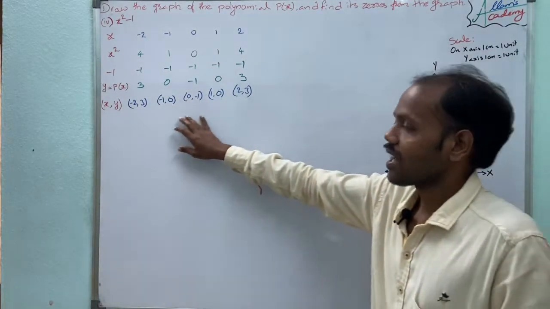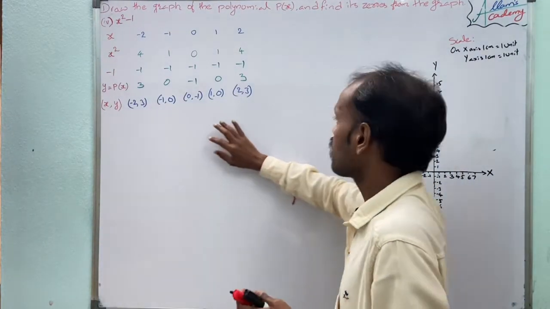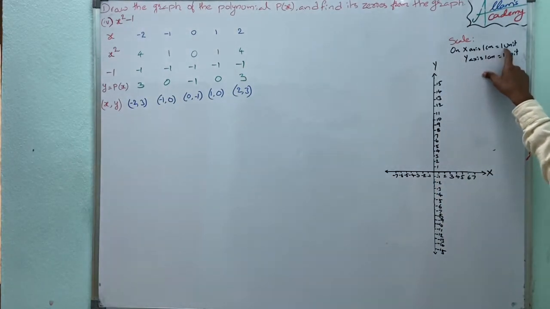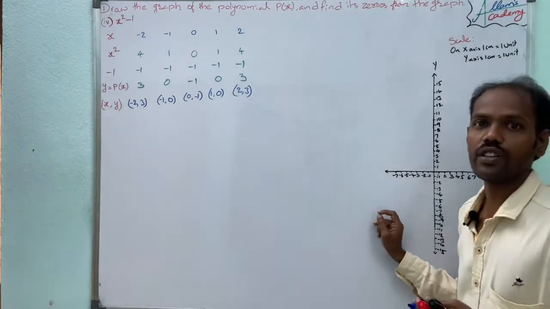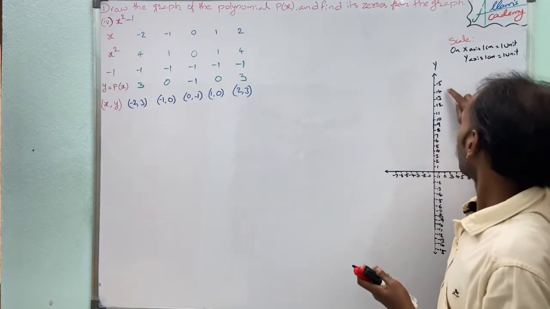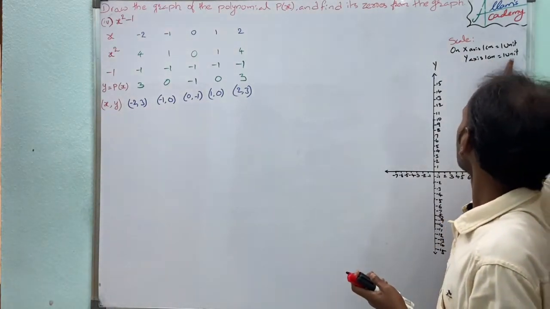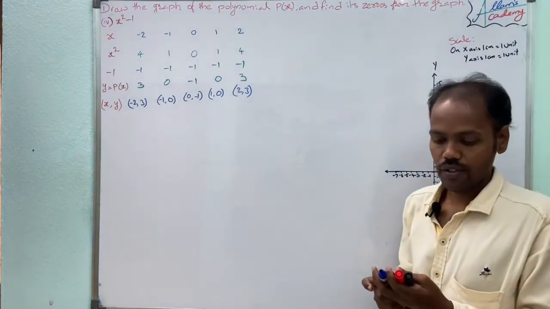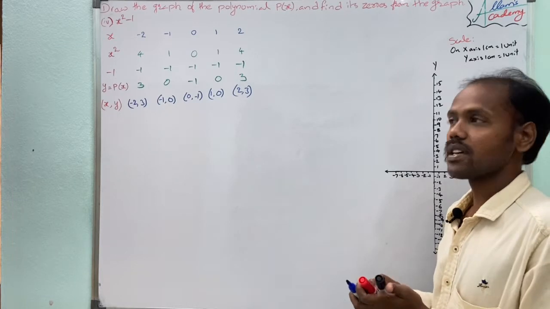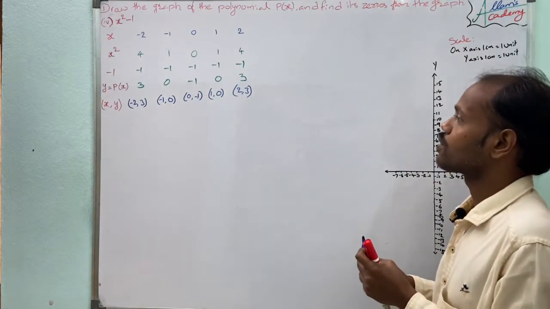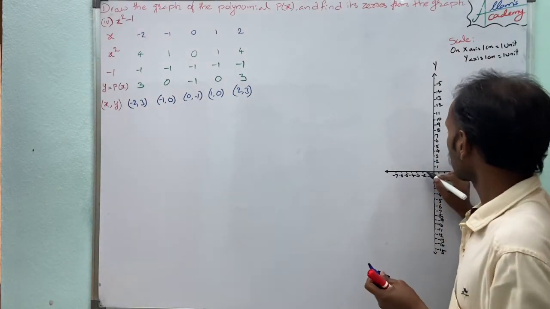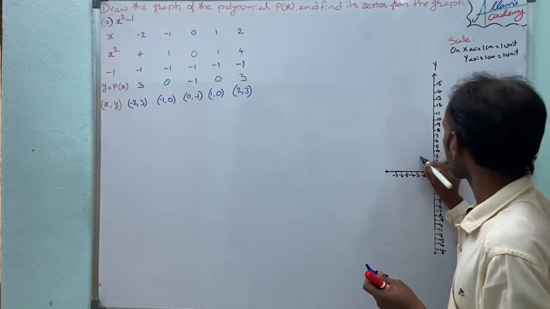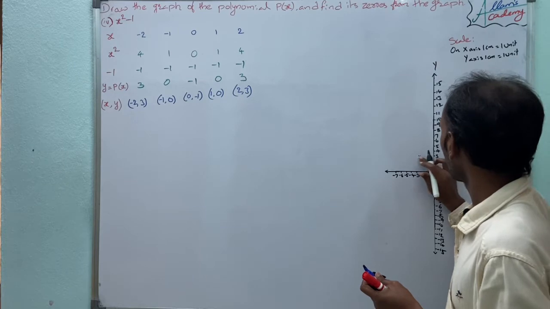So here are normal simple digits only. On the graph scale, on the x-axis 1 centimeter equal to 1 unit, and on the y-axis also 1 centimeter equal to 1 unit. Now observing these points, for (-2, 3), the x-axis is -2 units and the y-axis is 3 units distance. So here is the point.